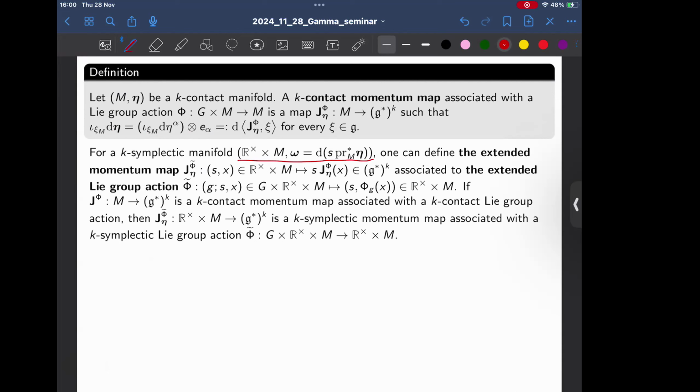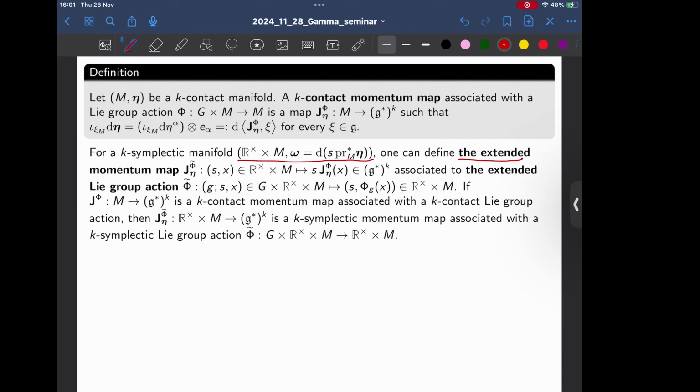For this manifold we can define the extended momentum map, which is just s times the standard momentum map, let me say the k-contact momentum map, and it's the momentum map associated with the extended Lie group action, which doesn't move the s coordinate in R cross.